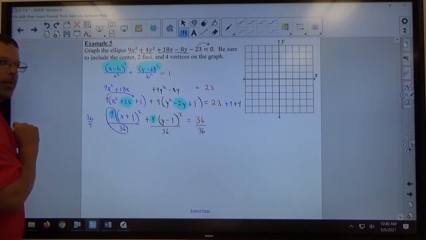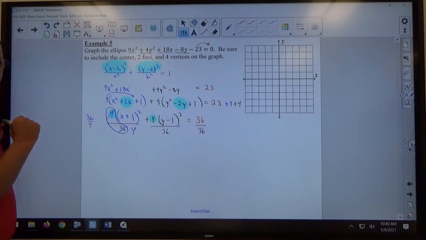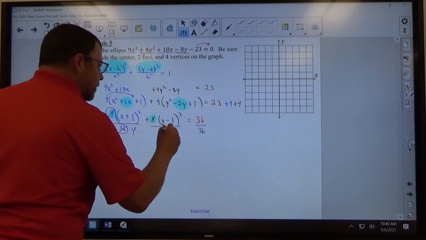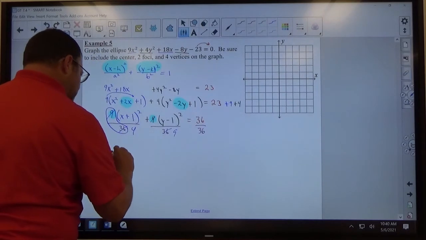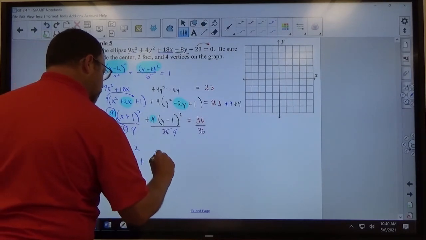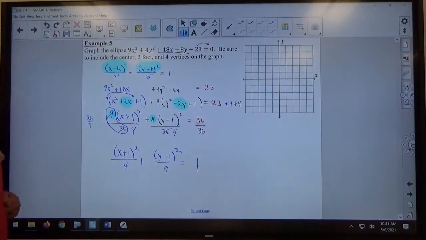What does 36 over 9 equal? 4, right? So that's the same as doing that and that 4, right? But again, if it didn't reduce exactly, you can just put the reciprocal on the bottom. That's the same thing. All right? So that makes sense. So that gets me parentheses x plus 1 squared over 4 plus parentheses y minus 1 squared over 9 equals 1. And now we have standard form.